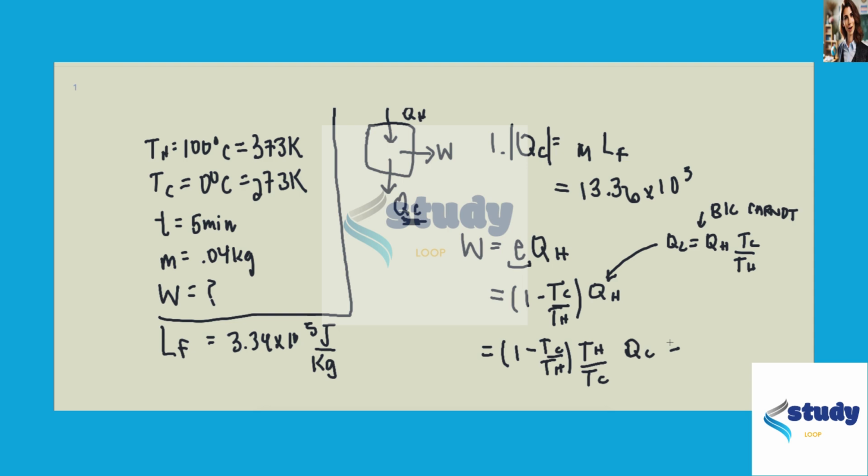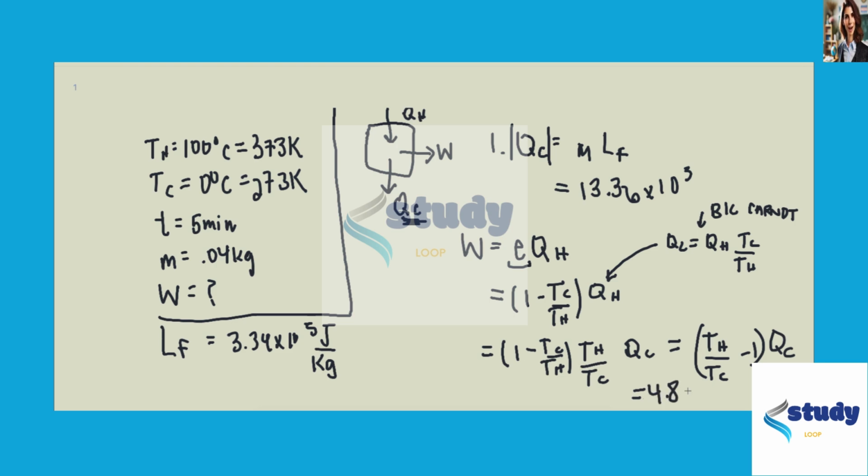If you distribute that to simplify, you get T hot over T cold minus 1 times QC. If you plug that into a calculator, maybe you'll get what I got, which is, oh, did I not write down the answer? Okay, I think it's 4.89, and let me double check the exponent.